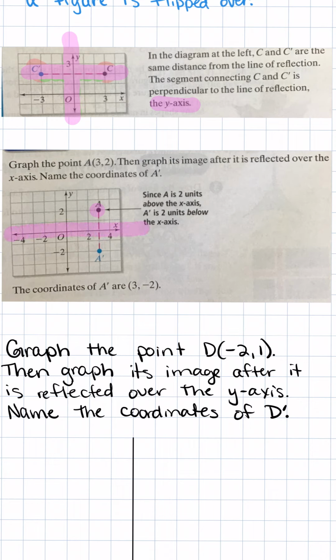So it wants us to use the x-axis as the line of reflection. So we can see that this is 1, 2 places from the x-axis. So this one's going to be 2 places. Okay, so the coordinates of A apostrophe are 3, -2.